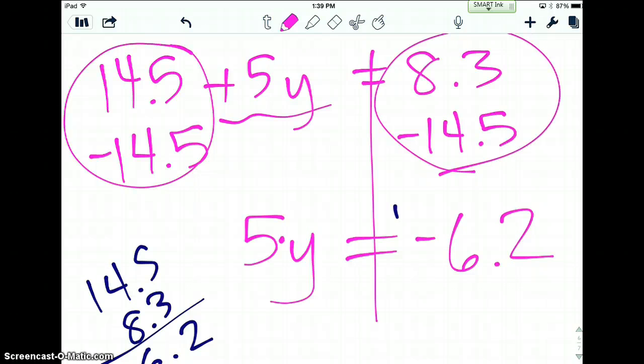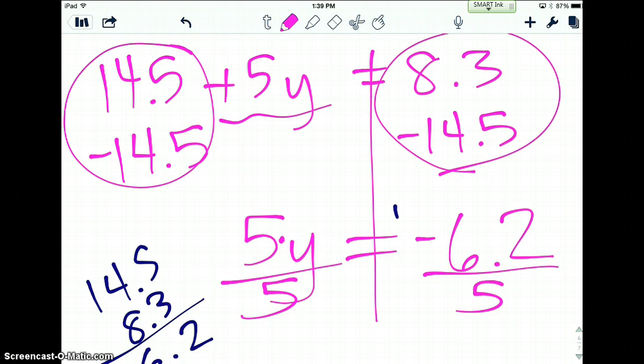Whew. So I think about what I gotta do. I'm going to do the inverse operation of multiplication, which is division. I divide by 5, not negative 5, because I want 5 divided by 5 to be 1y. And then over on the other side, I will get my solution. I have a negative divided by a positive, so I know my answer is going to be negative.